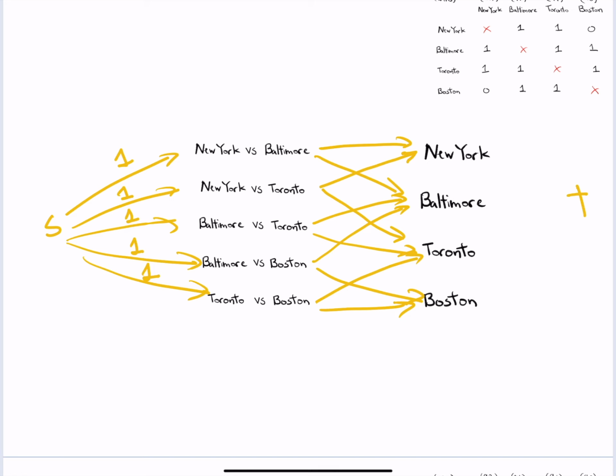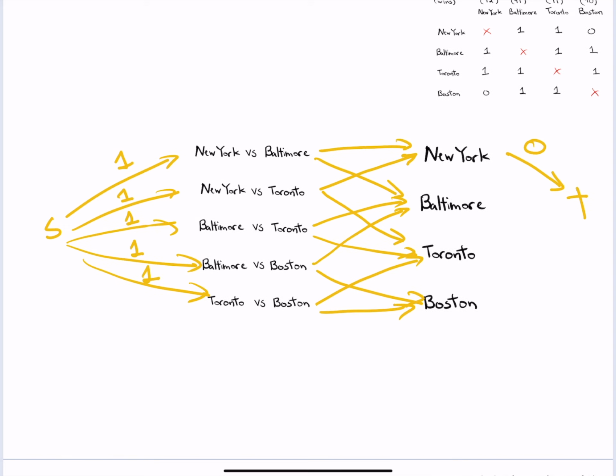So on the left, I can send one unit of flow, I have one win to give out, and it can go to one of the two teams. Now, based on that playoff picture, there's a limit to how many wins I can give out. New York, I don't want them to win at all because New York was already 2 games ahead of Boston. And Baltimore, they're allowed to win 1 game each before they got to 92.